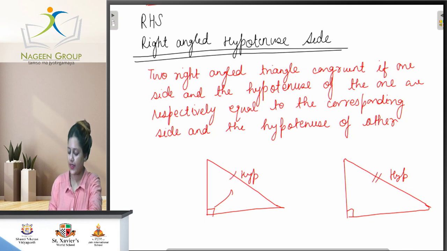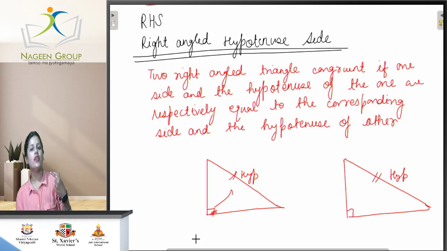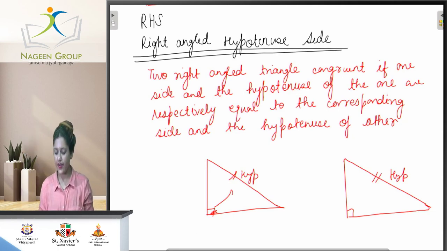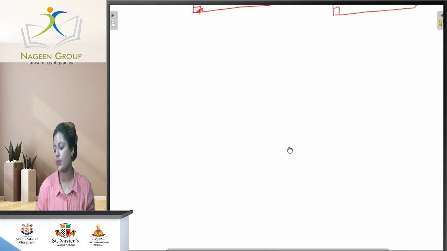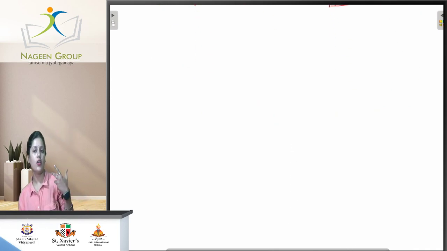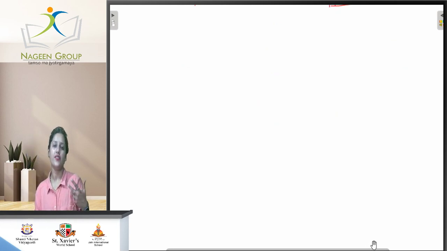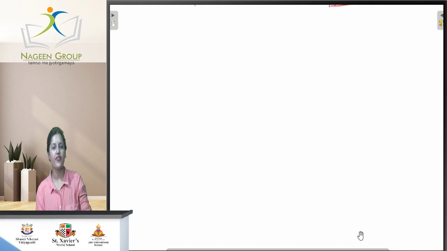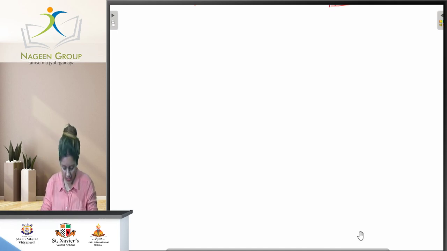These both sides and this right angle, hypotenuse, side, are equal. So this is the end of the criteria that determine whether triangles are congruent. So we mainly study 5 criteria that tell us the triangles' congruency. Now we are going to do some questions that are very important to understand the criteria and the properties of a triangle.